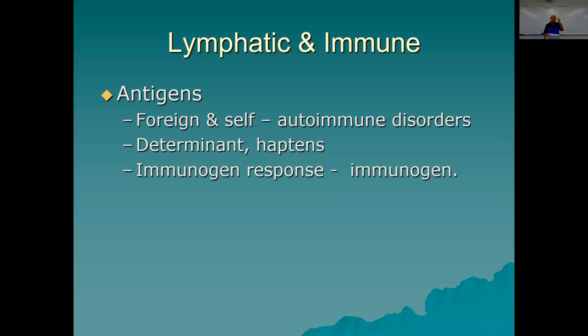That's an inflammation due to an oil on the leaves that is antigenic, that we have an immune response to. It's kind of odd, but that's it. So, immunogenic response. An immunogen is something that precipitates an immune response. And these are usually foreign proteins.